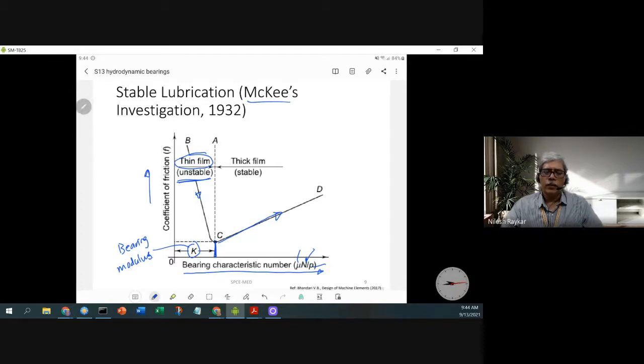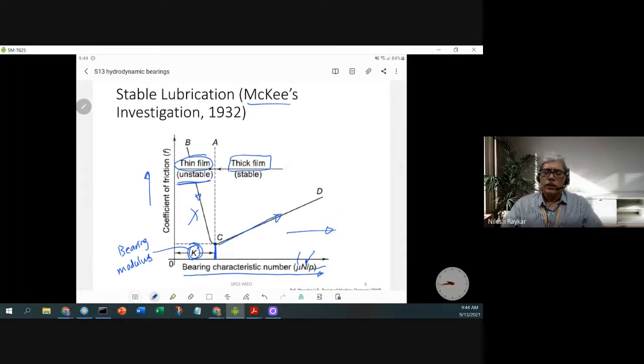So you never want to work in this particular region. And when your characteristic number is higher than the bearing modulus K, you gradually get thick film lubrication. As you move towards higher values of characteristic number, you will get higher and higher friction coefficient. That means your resistance to the motion will be increasing, but at the same time, you will get better load carrying capacity.